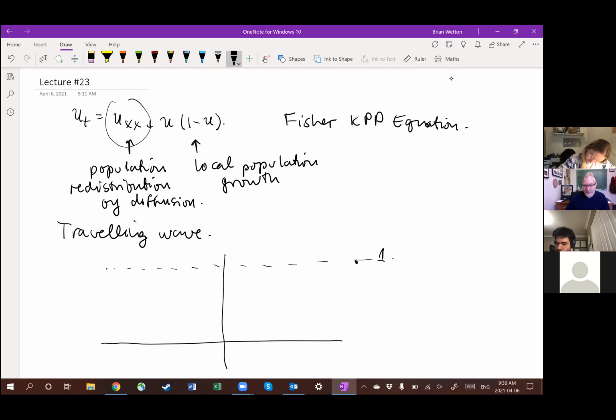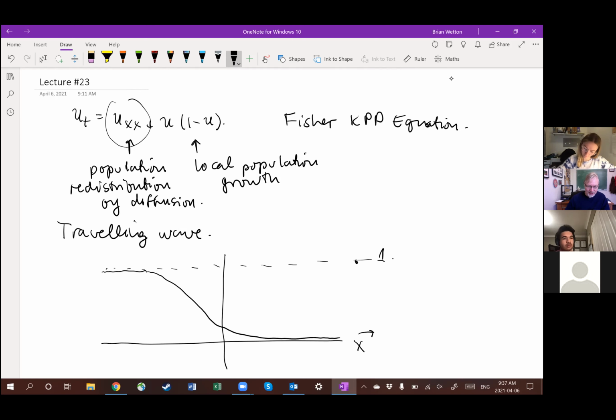This is a scaled problem. And so you're thinking, I've introduced some new species and it's had time back here to grow to a population that's asymptotically tending to 1. But I've introduced it into an environment where there was none of it initially, so I've got it tending to 0 amount of the species out this way.